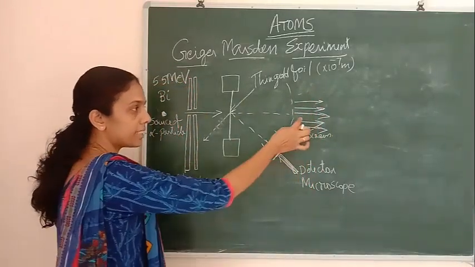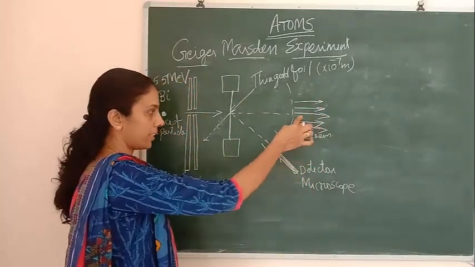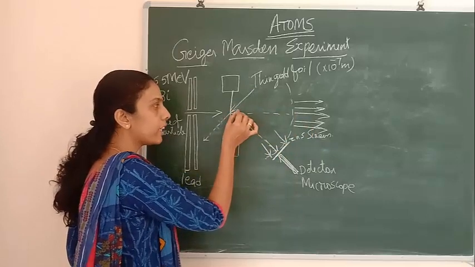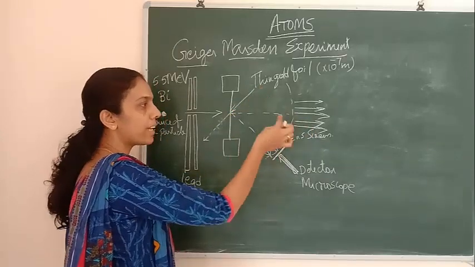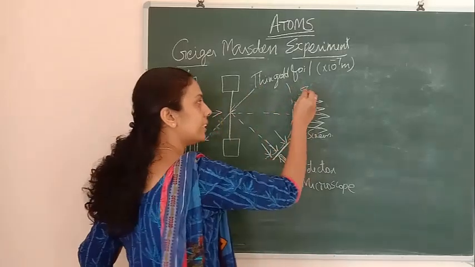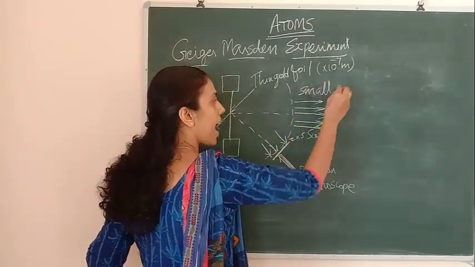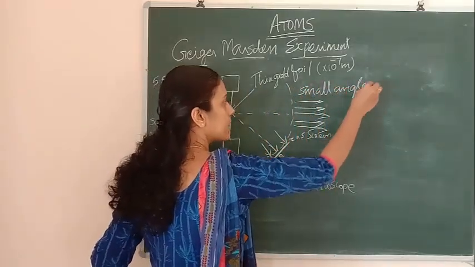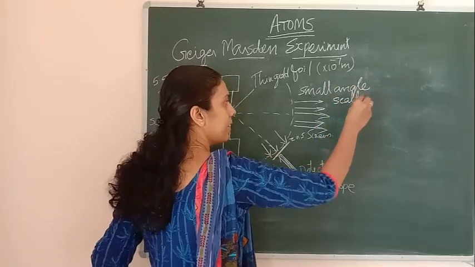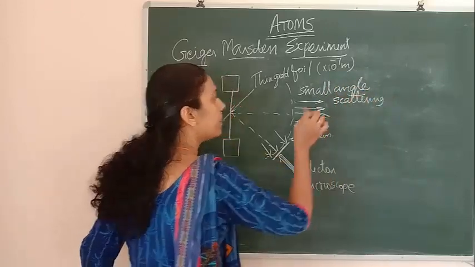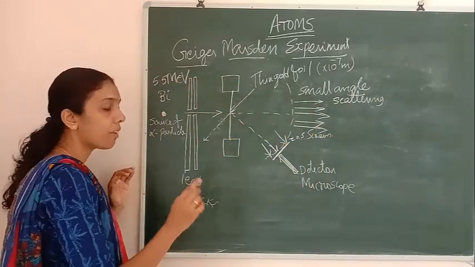Here we are getting many alpha particles. That is, for a small angle of scattering, we are getting more alpha particles.